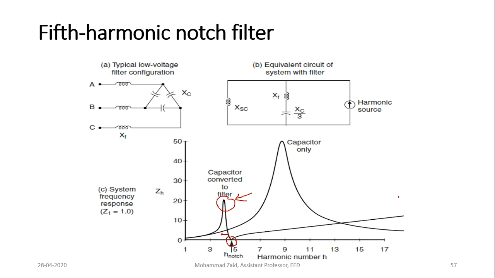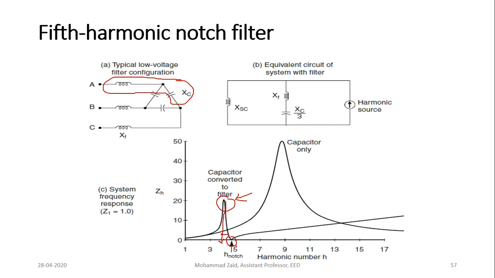Okay, for example, if the fifth harmonic is coming, this part of the filter curve should not get into resonance at this particular frequency.